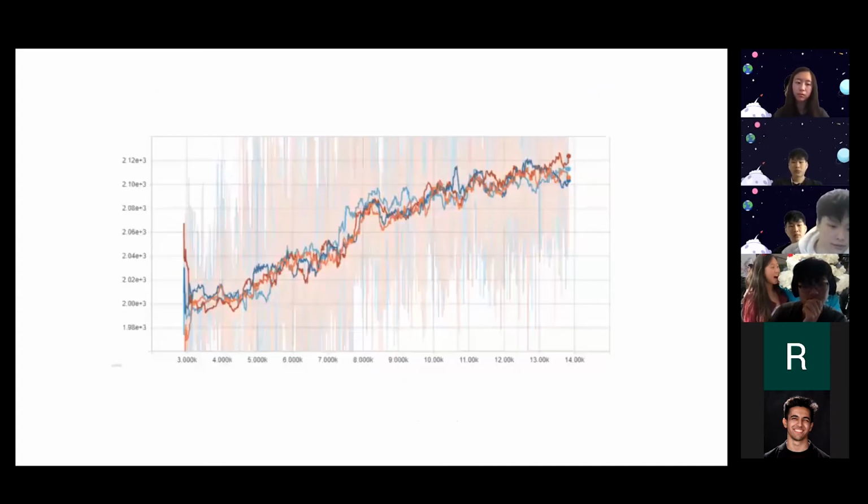So this is the overall return. As you can see, we start at about 2K. I don't know why the x-axis starts at 3K, but it's supposed to start with 2K cash, so right about 2.00e3. By the end of our training, you can see that it reached about 2.1-ish, so 2100.